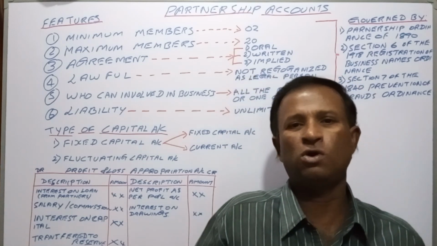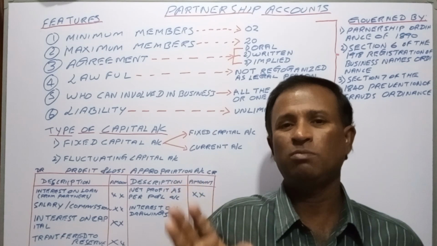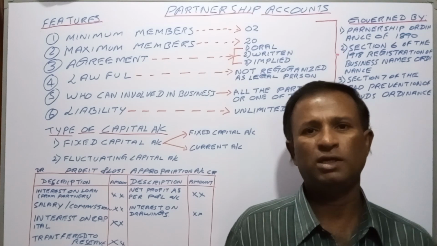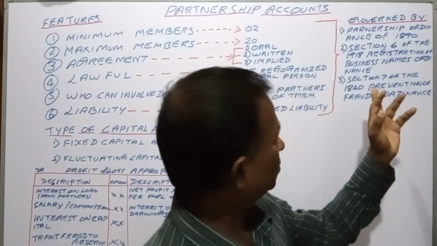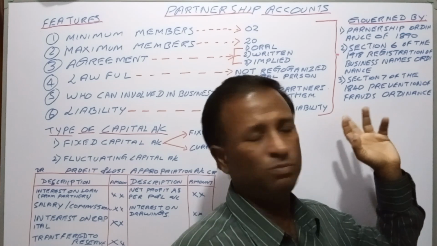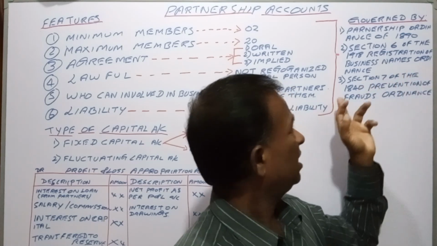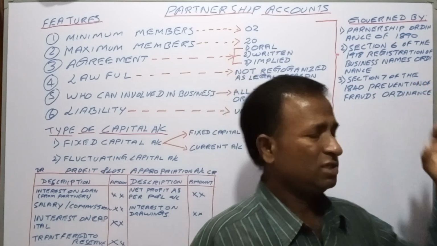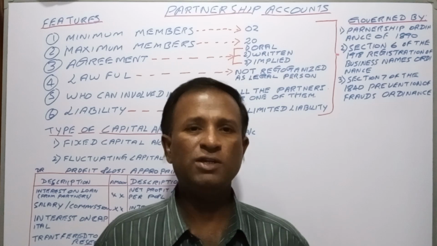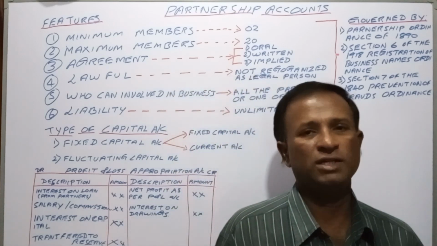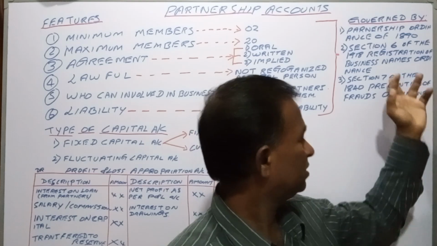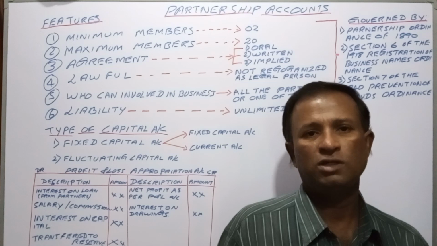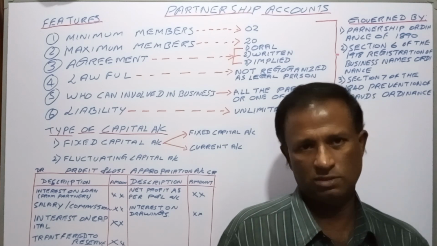It should not be oral, it should not be implied, right? That is section 7 of the 1840 Prevention of Frauds Ordinance, which says this.